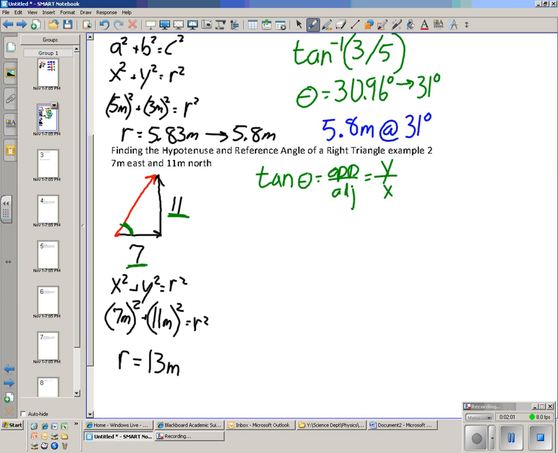As before, we are trying to find theta only. I don't actually want tangent of theta, I want just plain theta. So I need to do the reverse function of tangent theta in order to get rid of the tangent. That's the arc tangent, or I can just call it the inverse tangent, or tan to the minus 1.